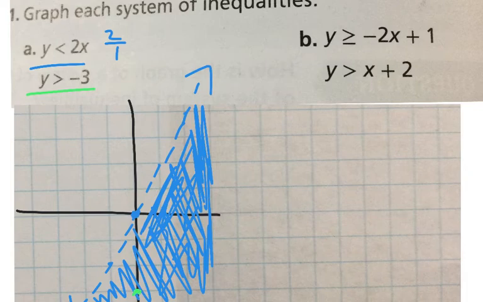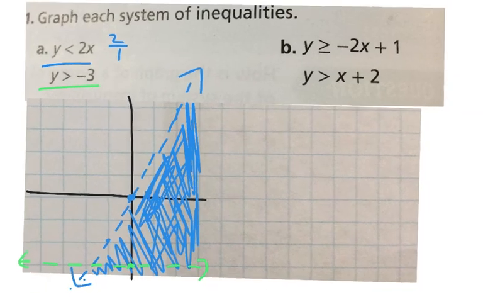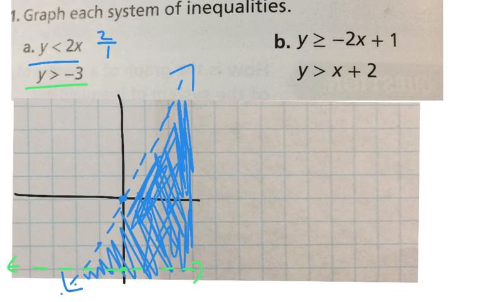Should it be solid or dashed? Should be a dashed line. I didn't do a very good job making my graph here where you could see it. And now I need to shade which direction? Y's need to be greater than the line.